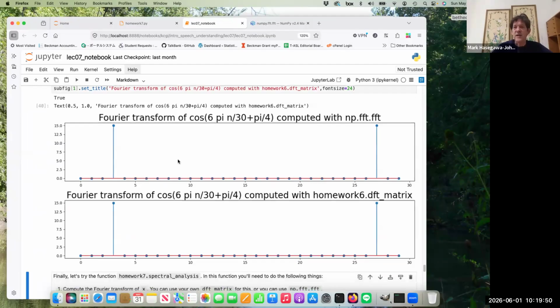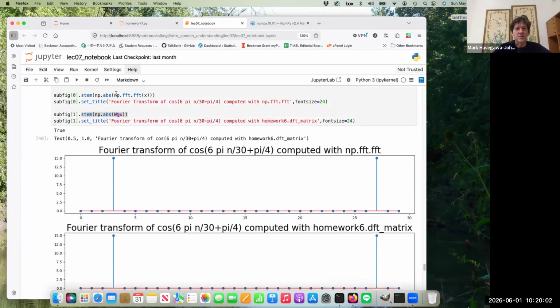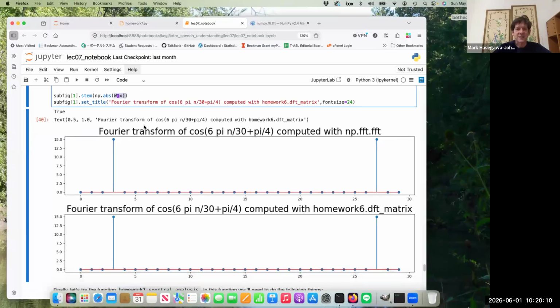Here's the Fourier transform of that 3-cycle cosine, and notice it has energy here at 3 cycles and over here at 30 minus 3. And here's the Fourier transform again. So the top one is computed using np.fft.fft. The bottom one is computed by taking the matrix multiplication of W times X.